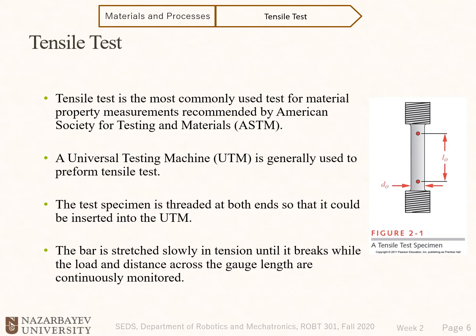So if I could show here, that will be the tensile test, tensile force. Okay, so that's the tensile force we apply by the UTM to the threads of this specimen to increase the length of this specimen or bar.